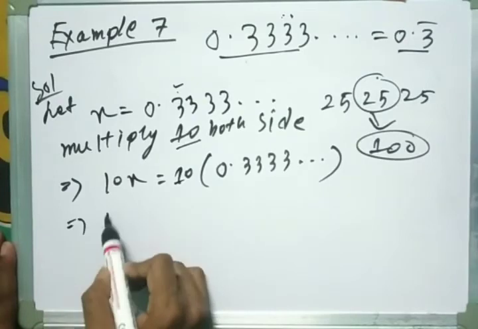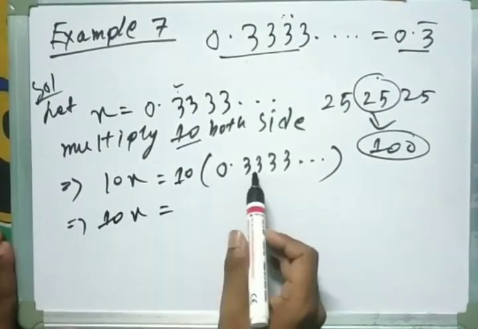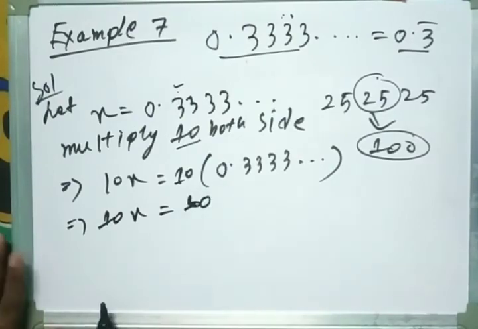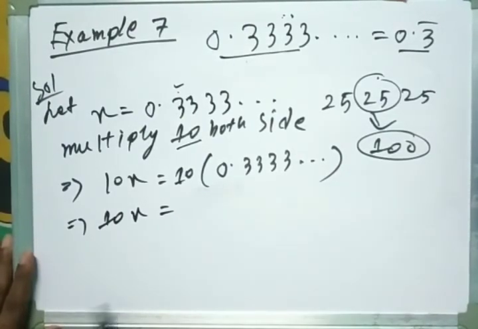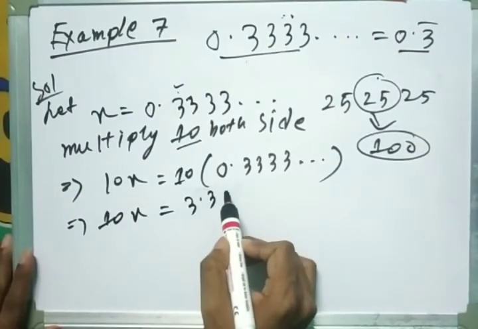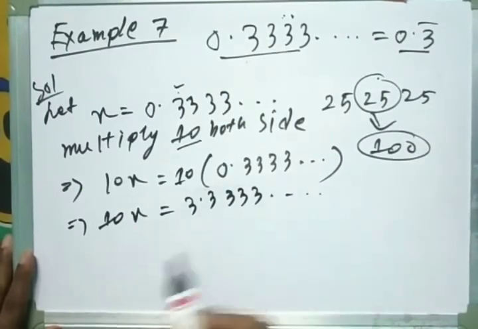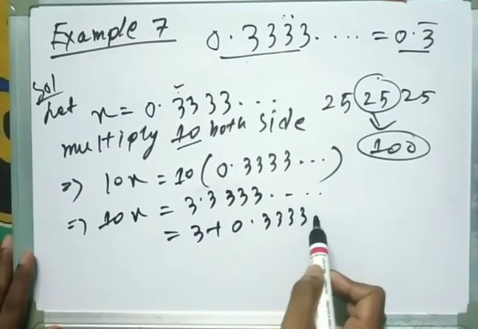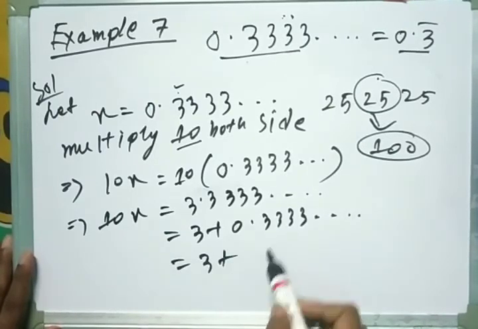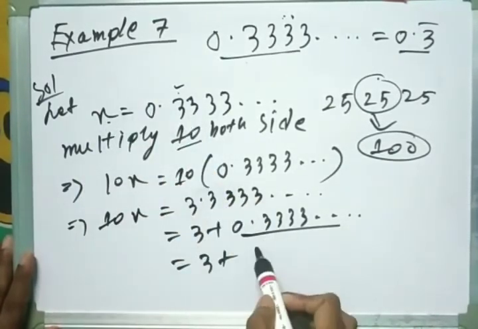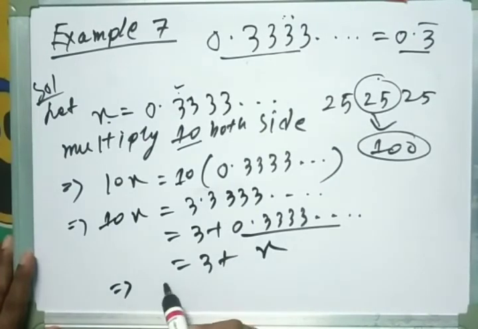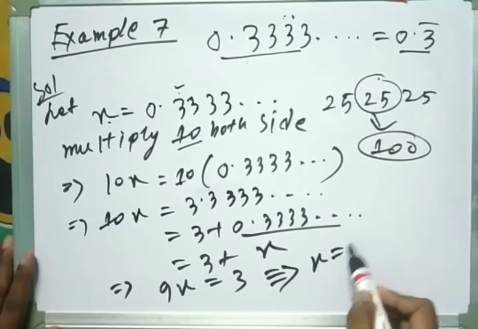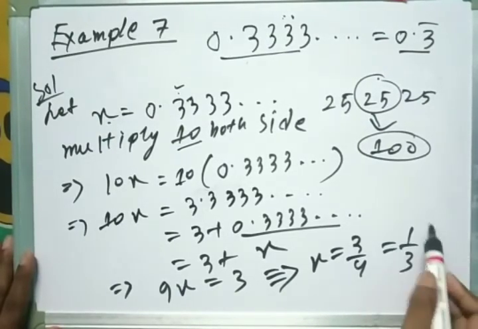Now 10x is equal to 3.333..., and this can be written as 3 plus 0.3333..., equal to 3 plus x. So 9x equals 3, which implies x is equal to 3 by 9, equal to 1 by 3.